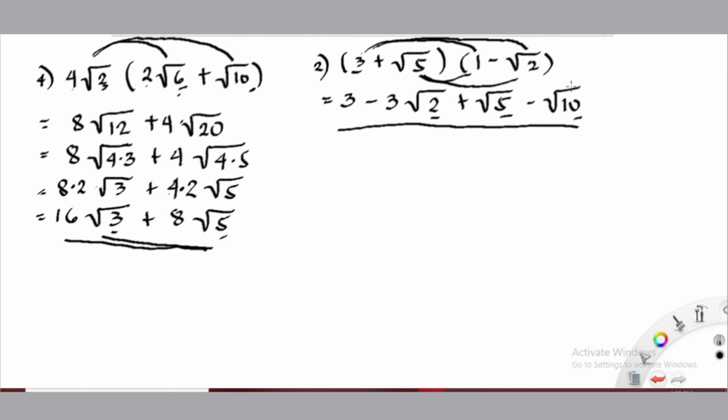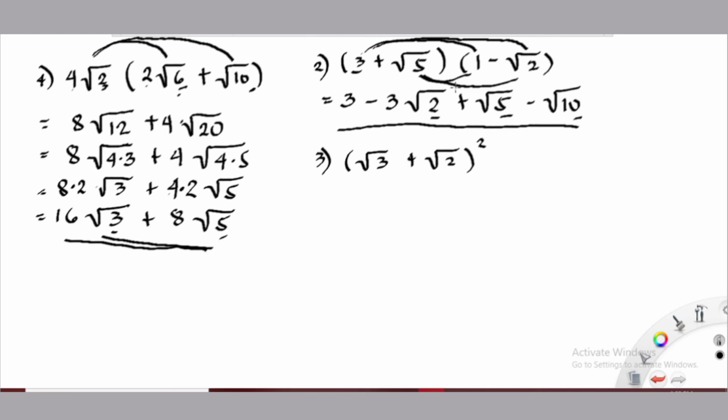Alright? So, another example, number 3. We have the square root of 3 plus the square root of 2 squared. So, if you can see, this is a square of a binomial. So, let's apply the special product.